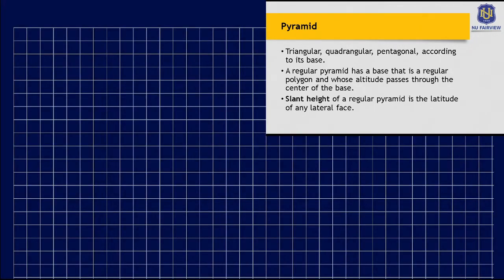Okay, so let's try to draw a pyramid with a quadrangular base muna. So this is a rectangle or a parallelogram. And ito yung kanyang lateral faces. Yan.